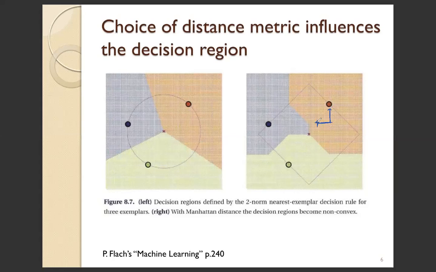So this one, the distance is like this, and this one, the distance is like this. Of course, any value that's here will be grouped as red.